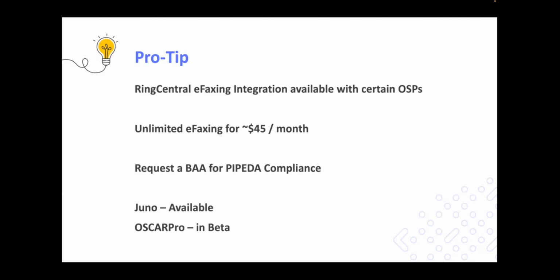And I believe there's a beta in trial, so you can contact Adrian, whose contact information I'll give in the next slides. But you know it's currently available as well. I would say there's some discussion back and forth of whether or not you need a business associate agreement, and that's basically just sending them an email saying that we need confirmation that you're going to be PIPEDA compliant, which they send you.